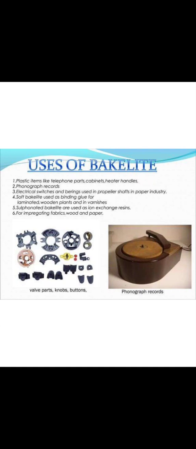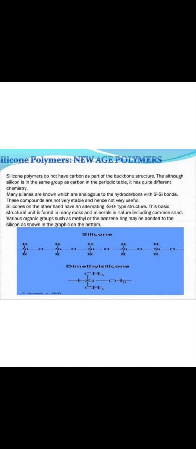Even the next point, they are also used for impregnating fabrics, wood and paper. So these are the very important applications or uses of bakelite, and we can see it in the picture: phonograph records, valves, knobs, buttons, and some of the important bakelite derivatives.